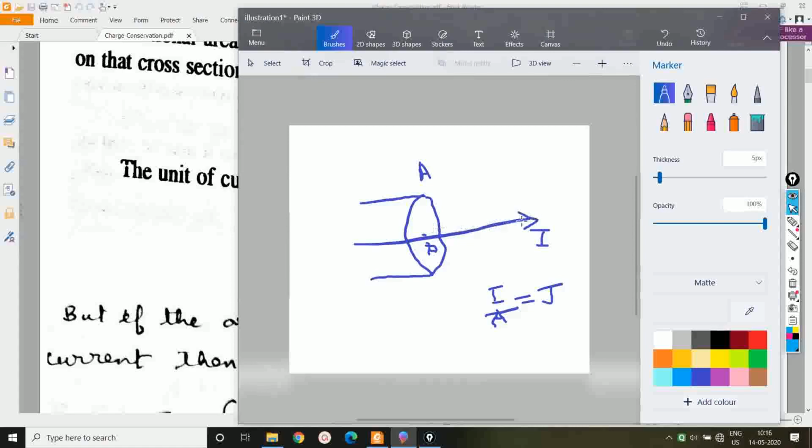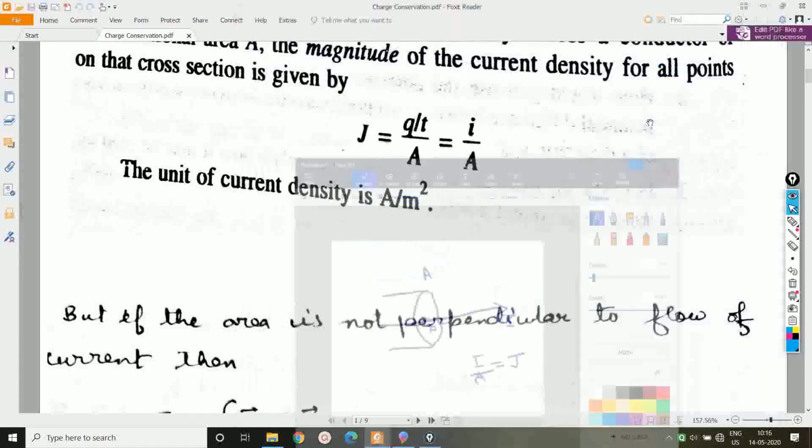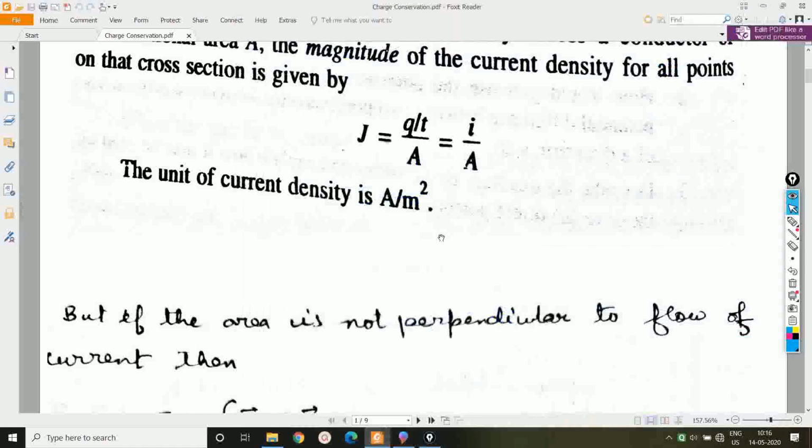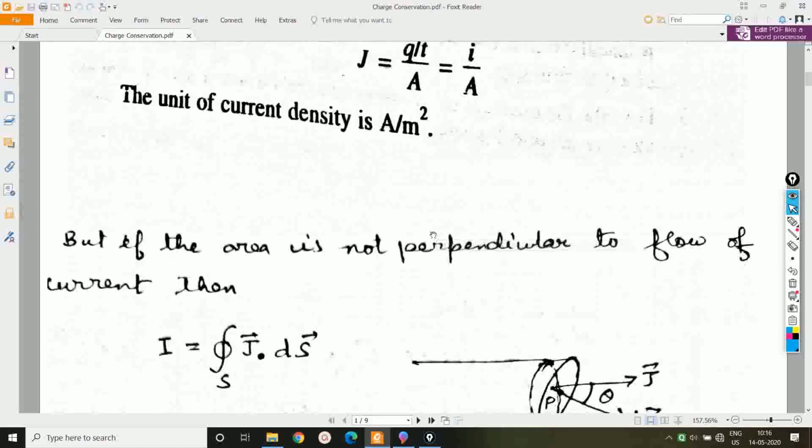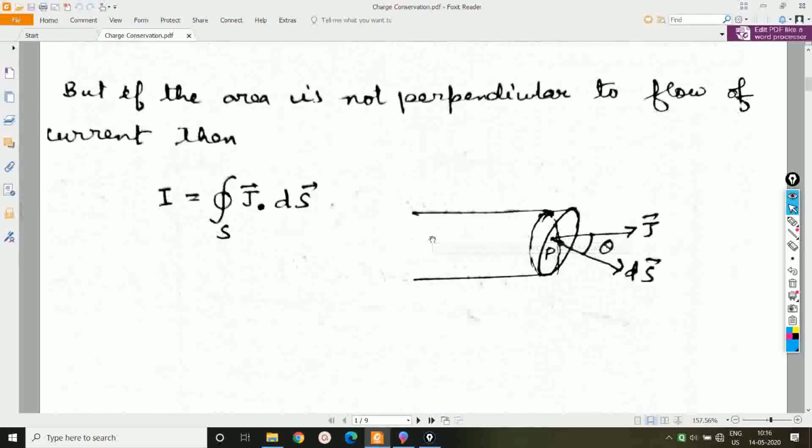Okay, now in the previous diagram, we had the cross-sectional area exactly perpendicular to the direction of current. But what if the area is not perpendicular to the flow of current? How will you link current and current density in that scenario? So we'll go to this diagram.